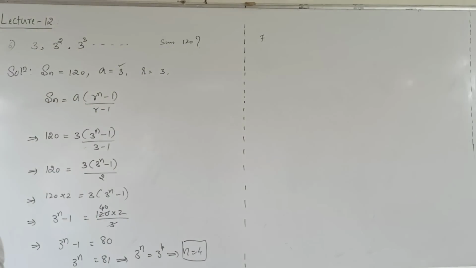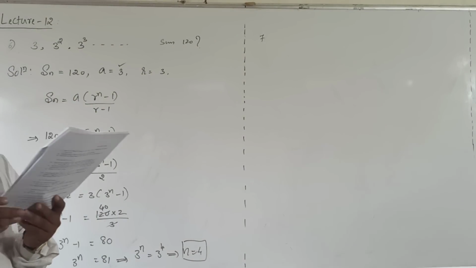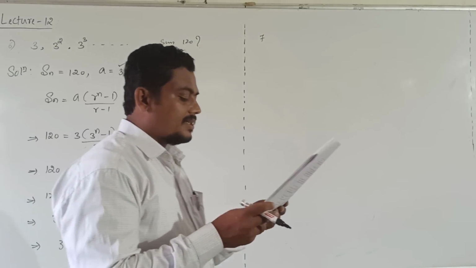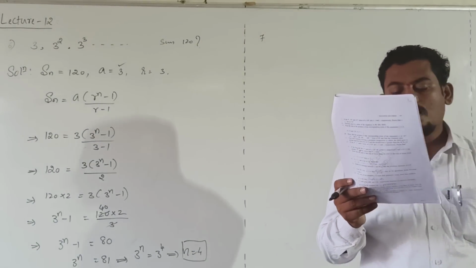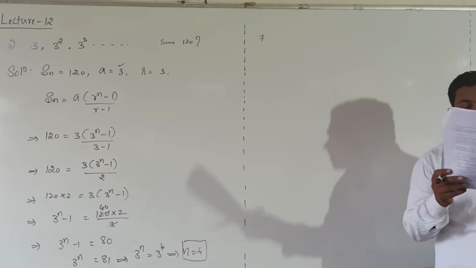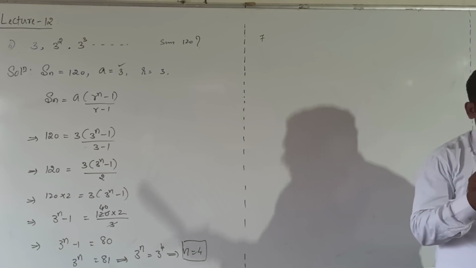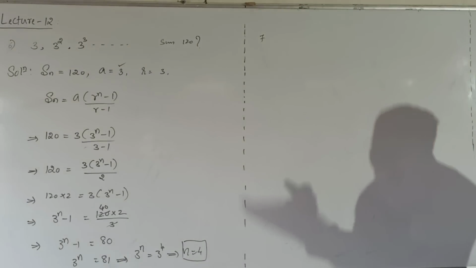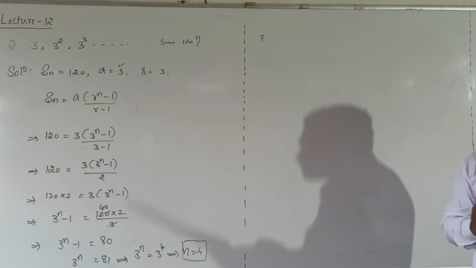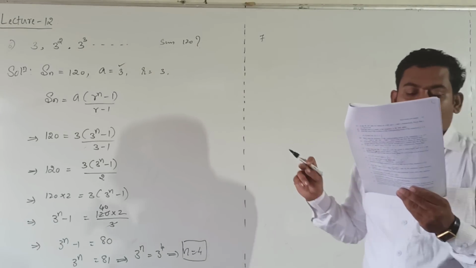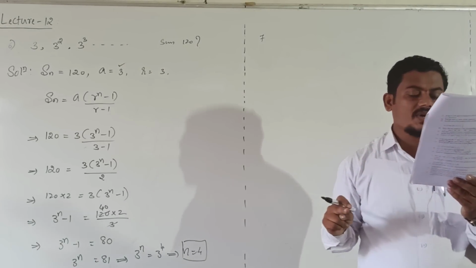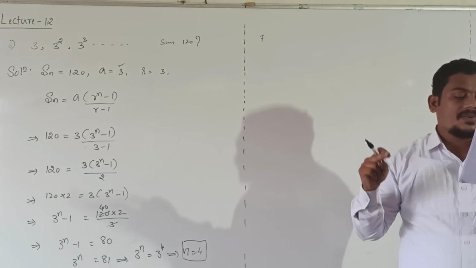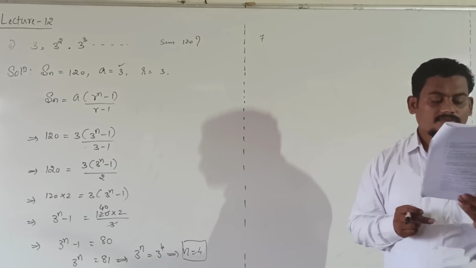The sum of first 3 terms of a GP is 16 and the sum of next 3 terms is 128. Determine the first term, common ratio and the sum of n terms of the GP.